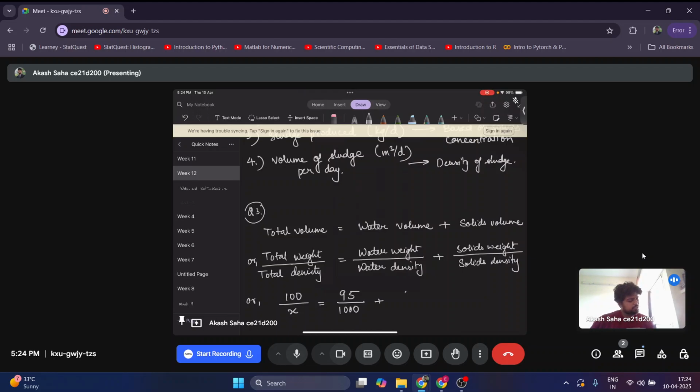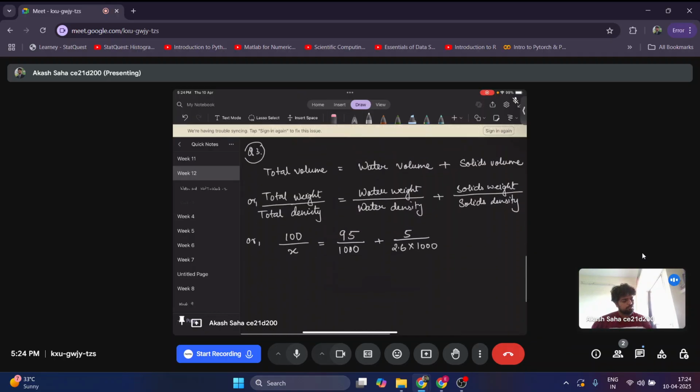Plus solids we know it's 5. And what will be the solid density? Solid density will be specific gravity of the solid into the density of water. Okay, so we got an equation with one variable. Now we just have to solve it. So once you solve it, you will get x is equal to 1031.74 kg per meter cube.